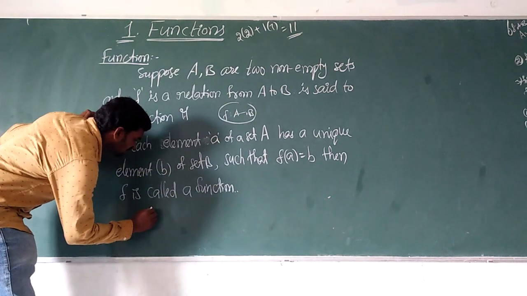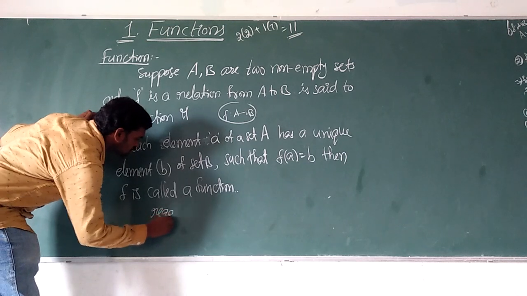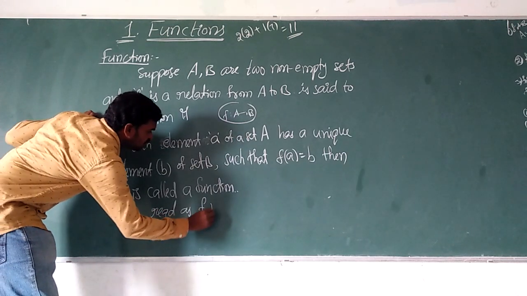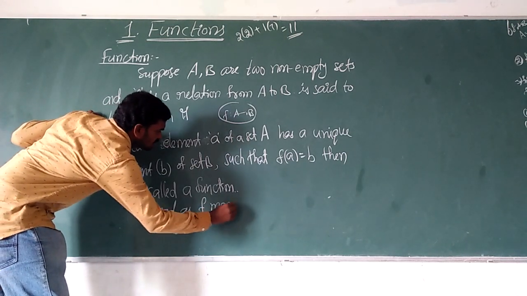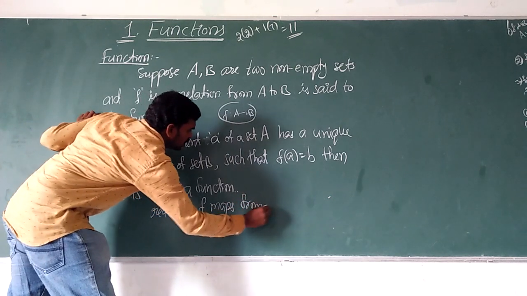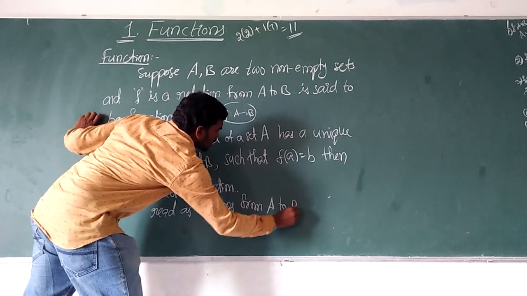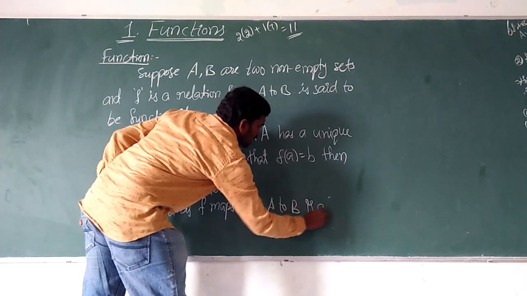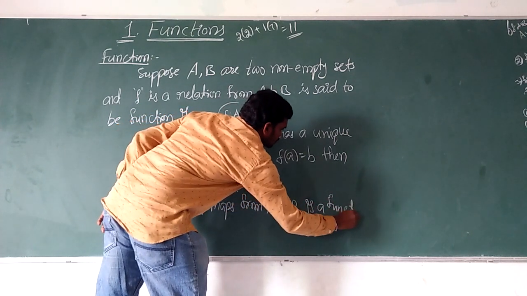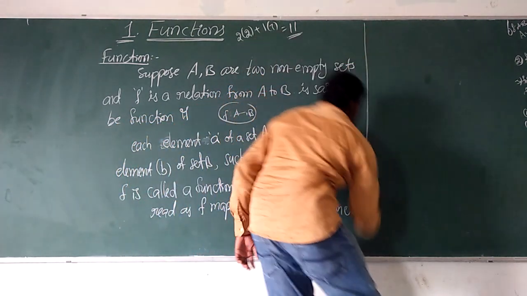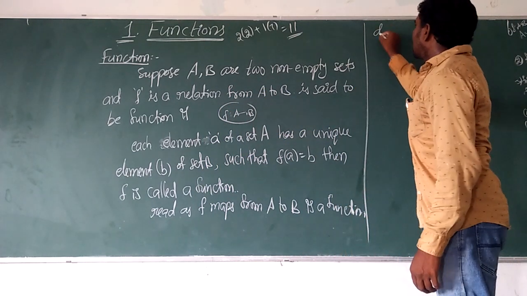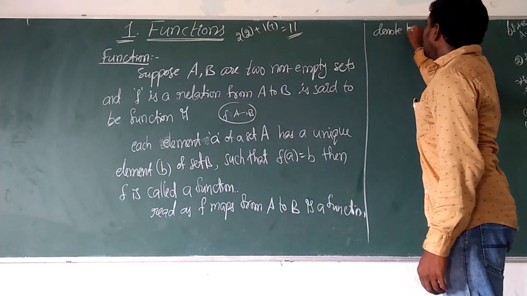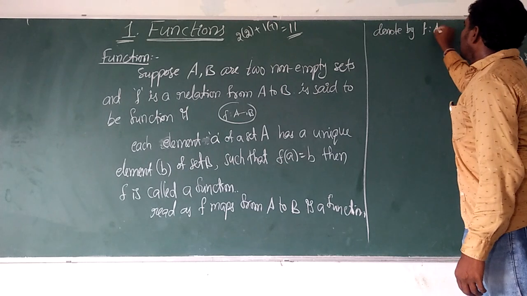So here we can read it as f maps from capital A to capital B is a function, and simply we can denote it by f: A to B.